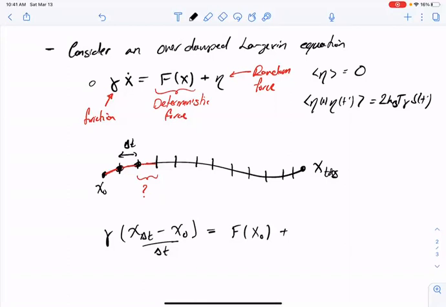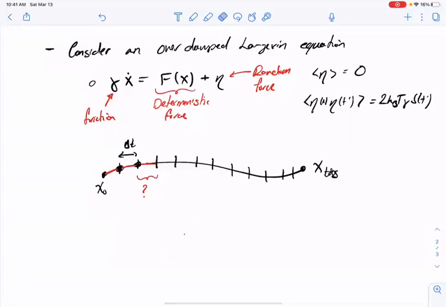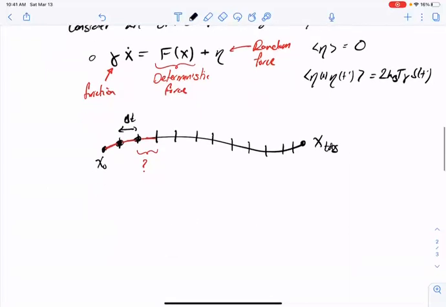Now, eta is something which is itself not slowly varying. We can imagine that the force varies slowly enough in time that we can choose a delta t such that it doesn't matter if we reference it to x naught or x of delta t. So let's actually do this in a different way. Let's integrate this equation over some small delta t.